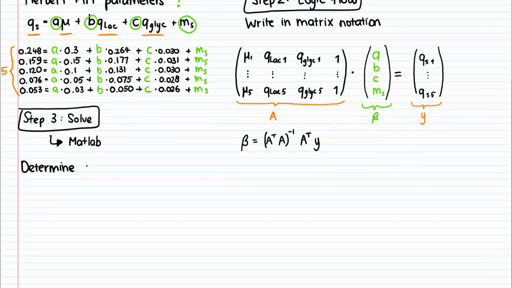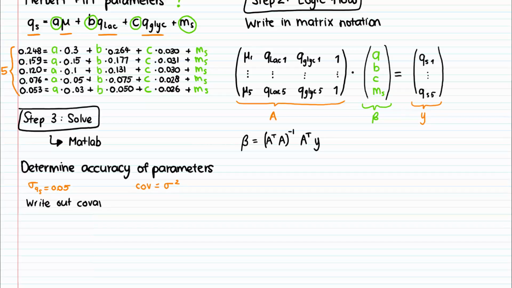Question B asks us to determine the accuracy of the parameters that we have just determined. Therefore, we want to calculate the covariance matrix of beta as a result of the error in the measured specific substrate rate QS. We know that the standard deviation of QS is 0.05, a homoscedastic error. Remember that the covariance is the square of the standard deviation.